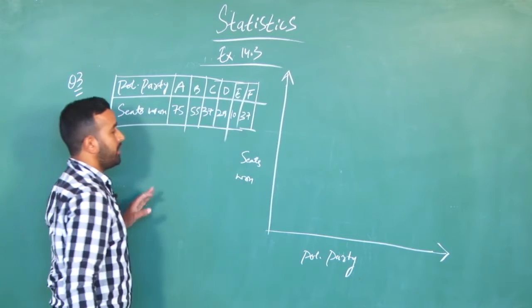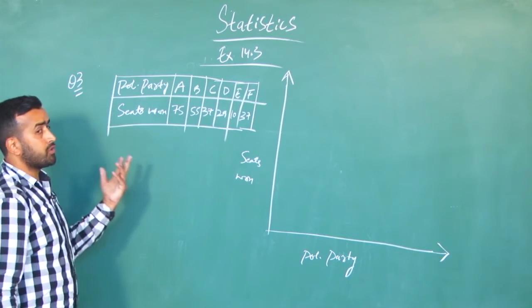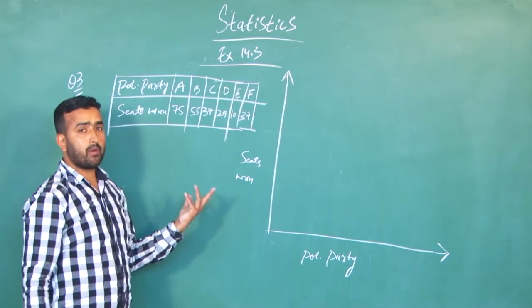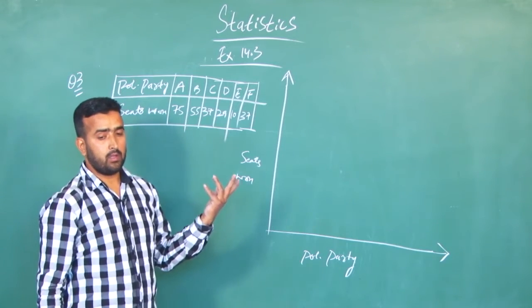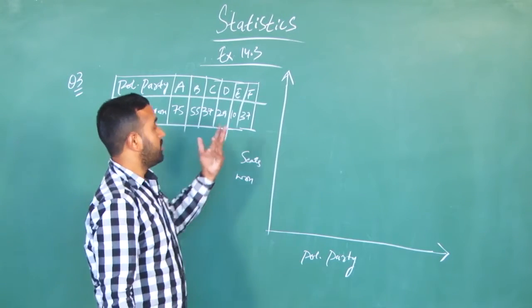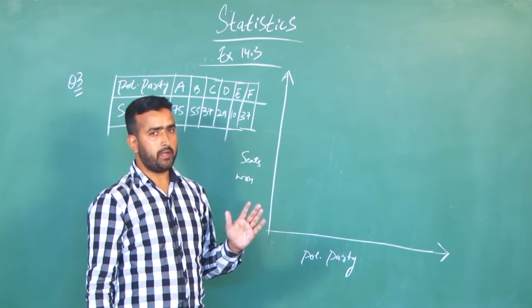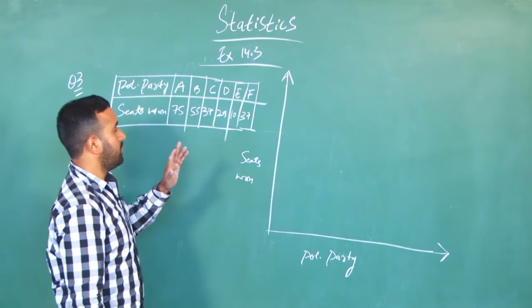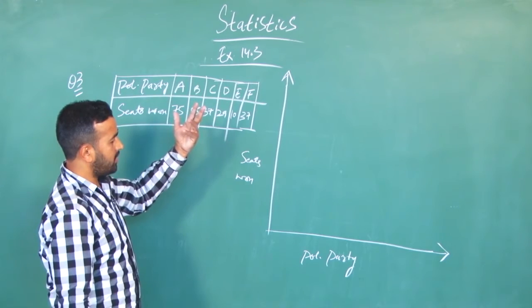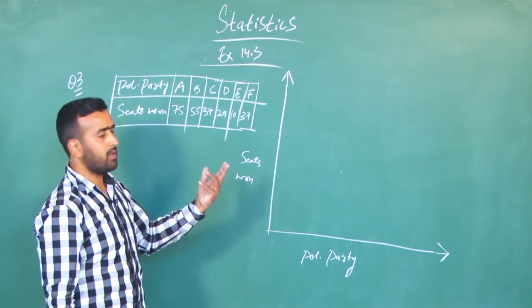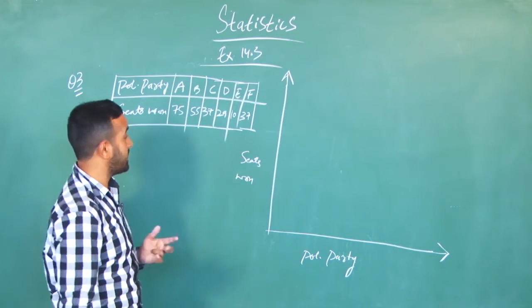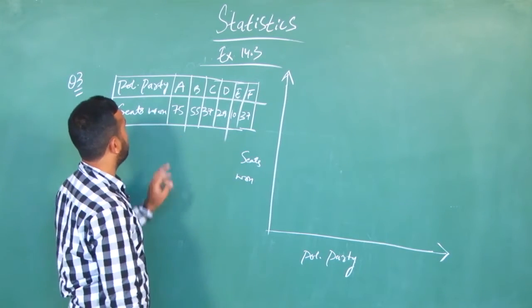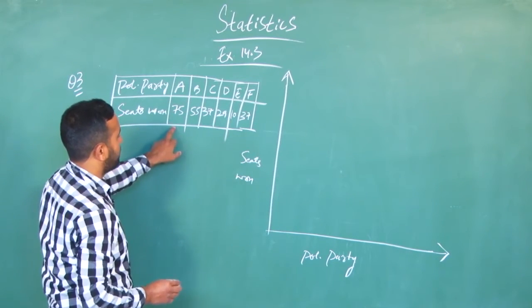Remember one thing about how to draw the bar graph: the important point we have discussed is that for the bar graph, uniform width must be maintained. How to draw the histogram, we'll see in the next example. But here we are going to draw the bar graph for the political parties.